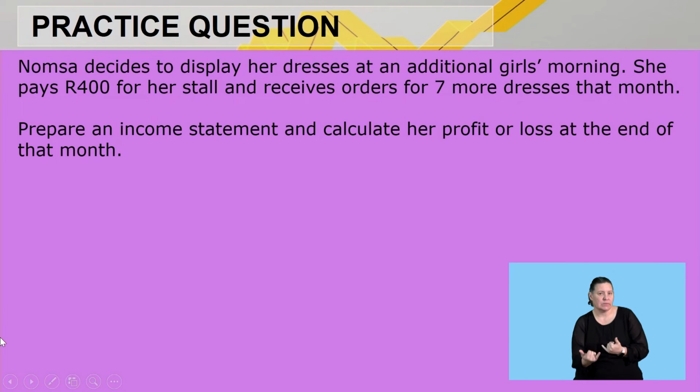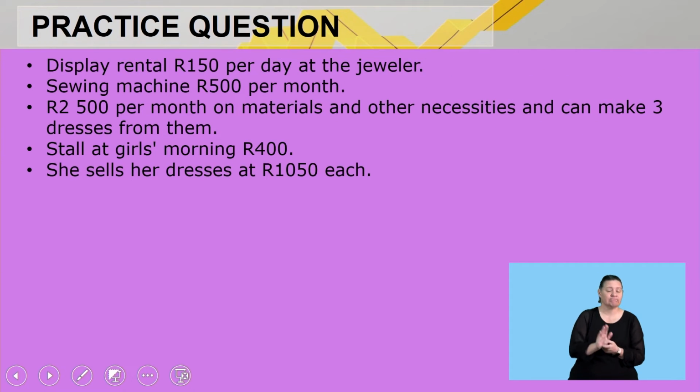What did she do now? Her income, remember, she is making 7 more dresses. So now she is displaying the rental for 150 Rand per day. She's got the sewing machine for 500 Rand per month. She has her materials for 2,500 Rand per month, and then she can make 3 dresses from them. The stall at the girls' morning is 400 Rand, and she sells her dresses at 1,050 Rand each.